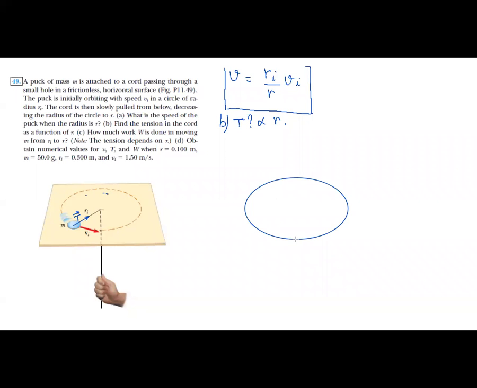Here we have the velocity V, and also we have a tangent. And here we have T, and also we have a radial.